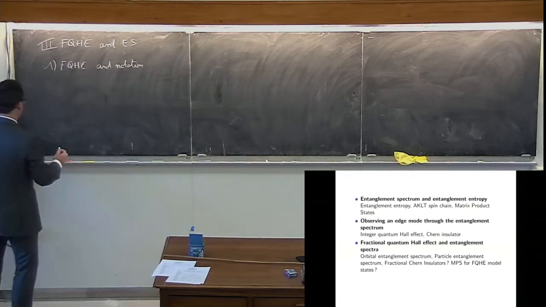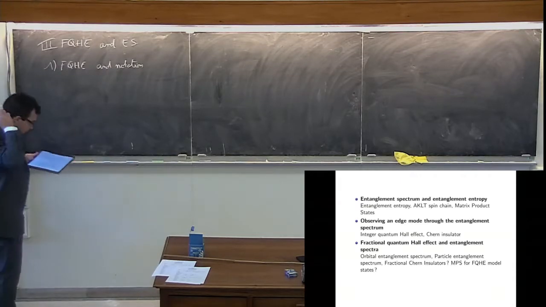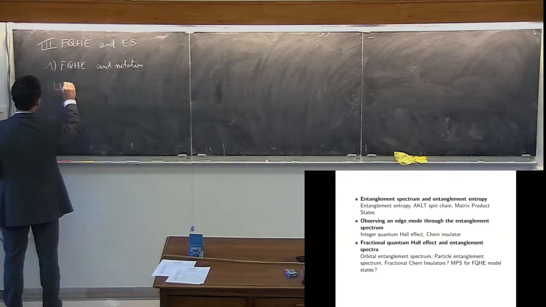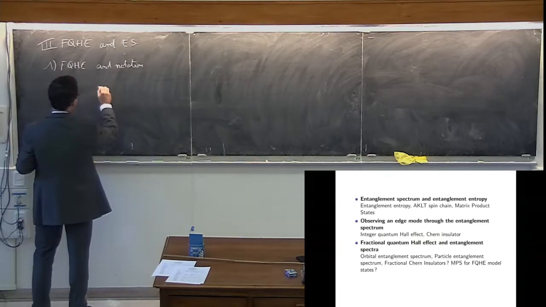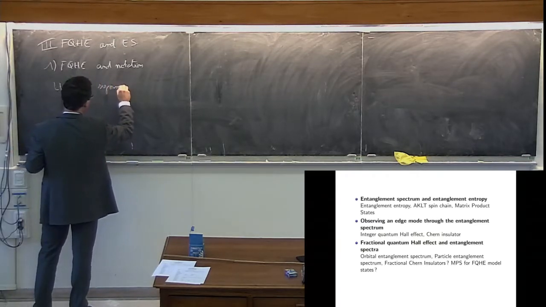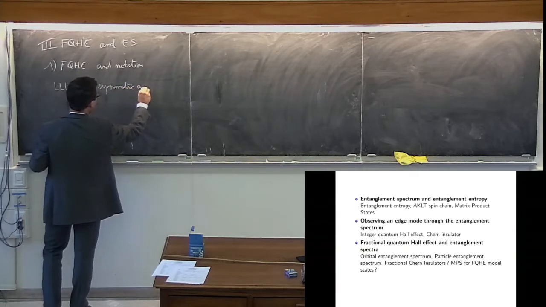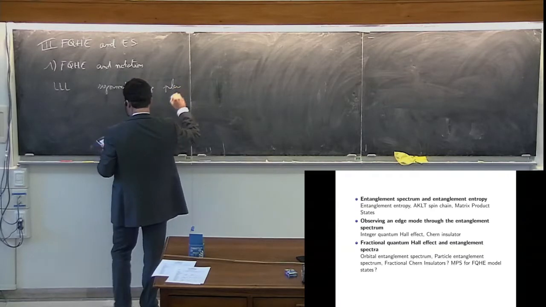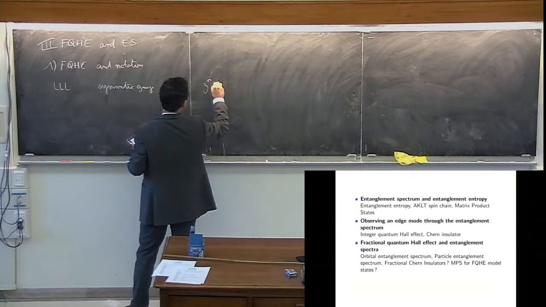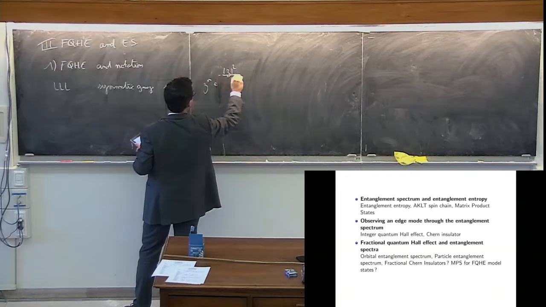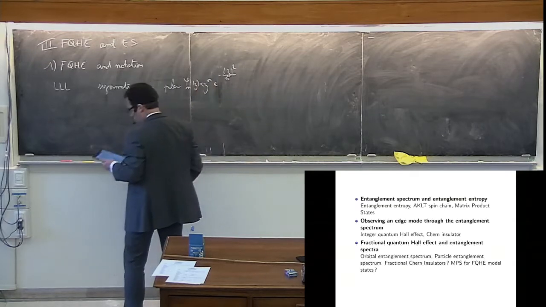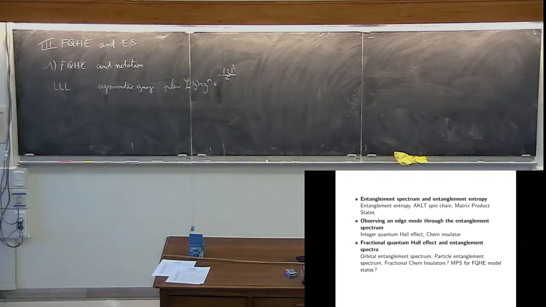I think you have seen that during the lectures by Karian, and also yesterday, we work in the lowest Landau level, and if you use a symmetric gauge on the plane, the wave functions are just z to the power m, e to the minus |z|^2 over 4, up to some factor that encodes the normalization.